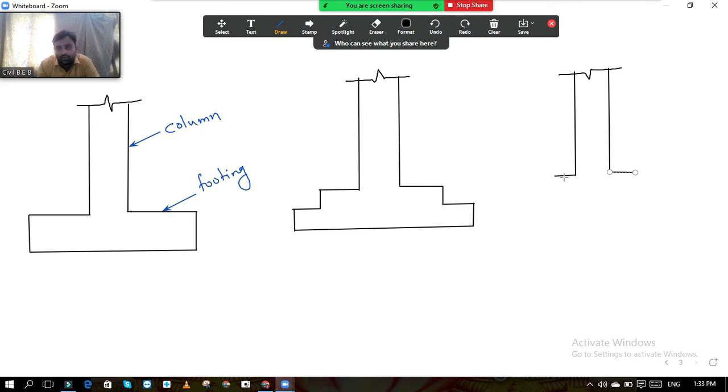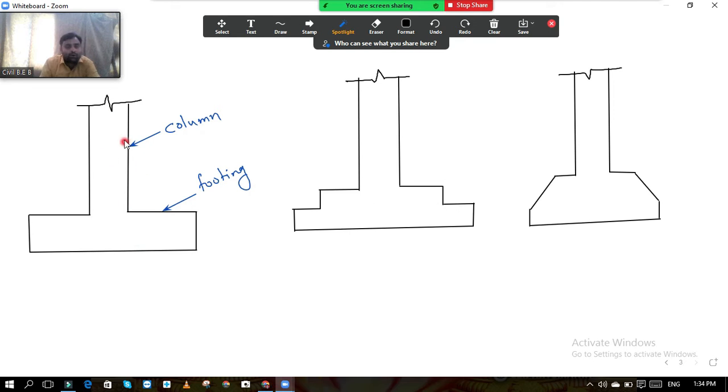This type of footing is provided. This is the strap isolated footing. But right now, for your syllabus, only the first type of footing is there. We are going to see the design of this type of footing only.